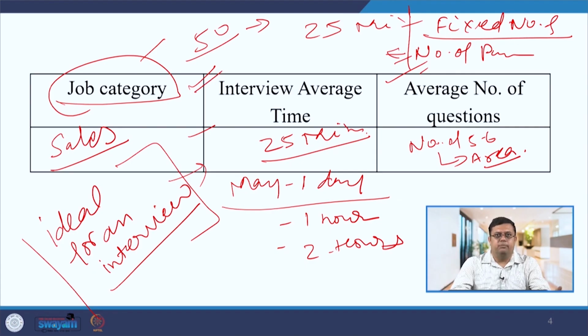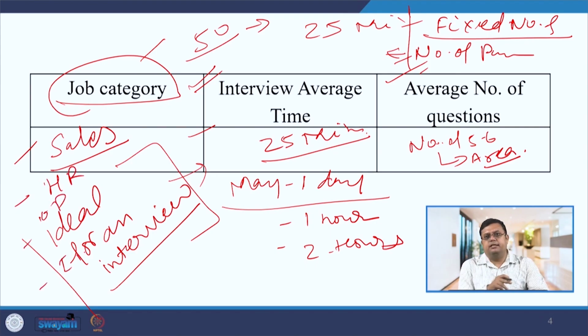If you are able to do that, you can manage your time effectively at the workplace during the interview process. In the same way you can compare department wise: sales, HR, operations, finance.